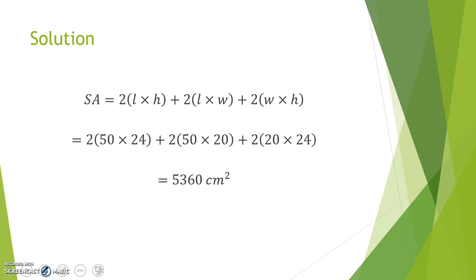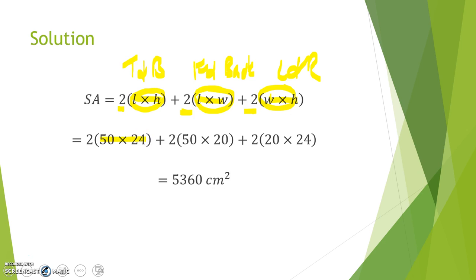So basically, we're looking at each pair of dimensions. So front and back, top and bottom, left and right. Because there's always 2 of each, we double it.